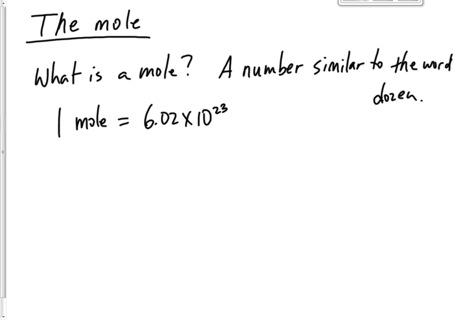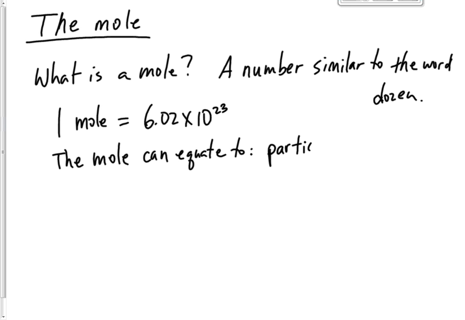Okay? We can equate the mole to several things. We can equate it to particles. All right, we can equate it to grams, and we can equate it to liters.